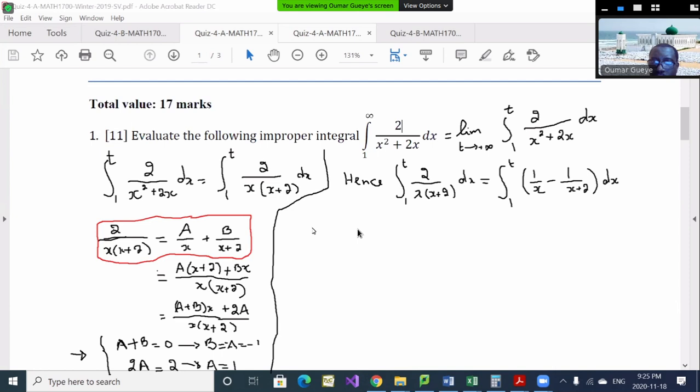Because I don't have any space, I'm going to write the equal sign here in order to get enough room. It's going to be ln of the absolute value of x for the first term when you integrate it, minus ln of the absolute value of x plus 2.